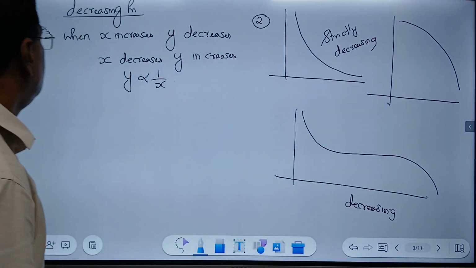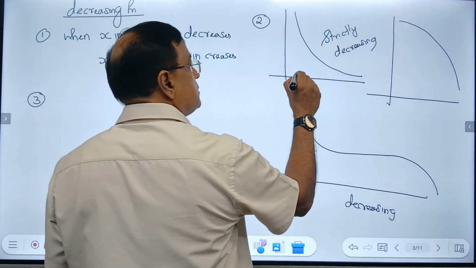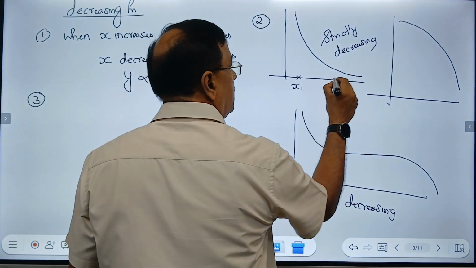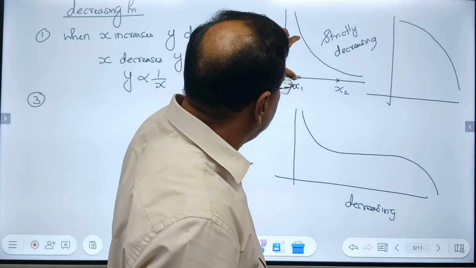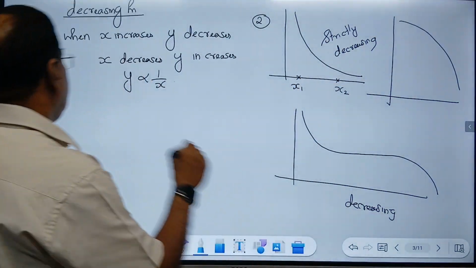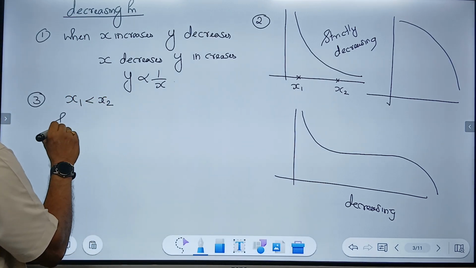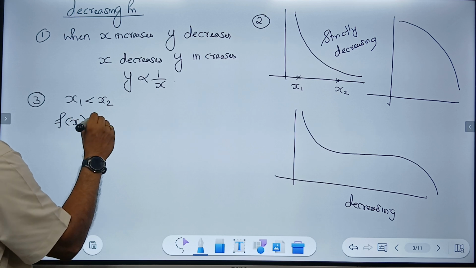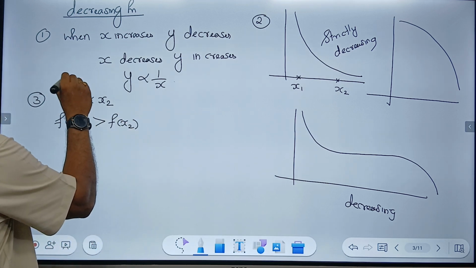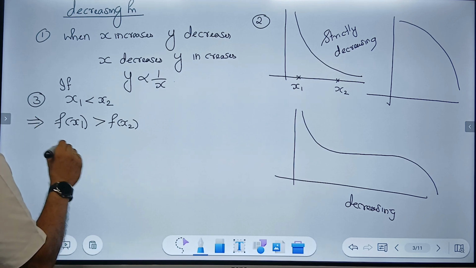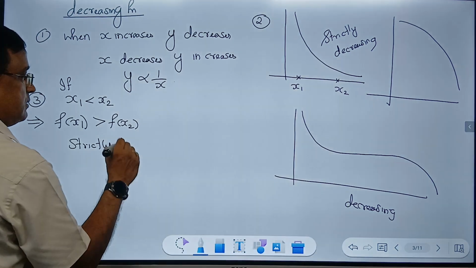Okay, now what's the third part of it? If I choose two neighboring points, say x1 and x2, you can notice very carefully, when x increases, the y is going to decrease. Okay? So when x1 is strictly less than x2, f of x1 will definitely be greater than f of x2. This is the case for a strictly decreasing function.